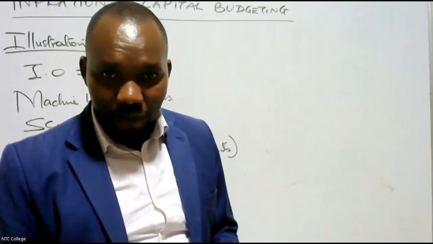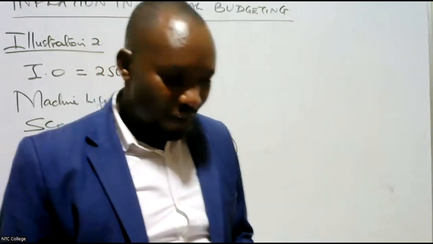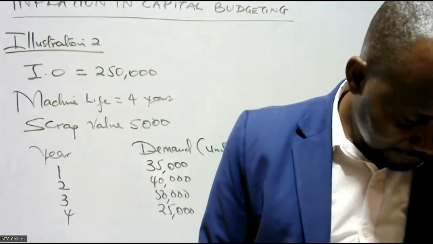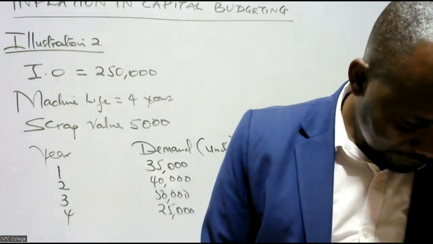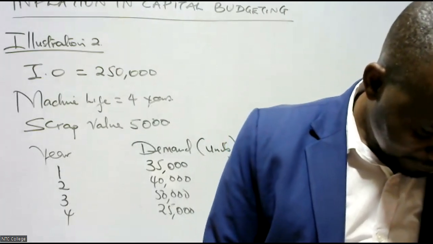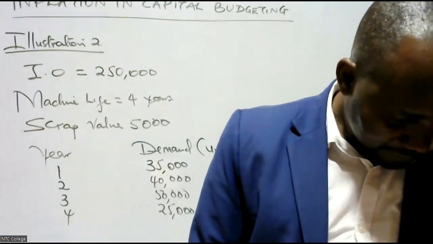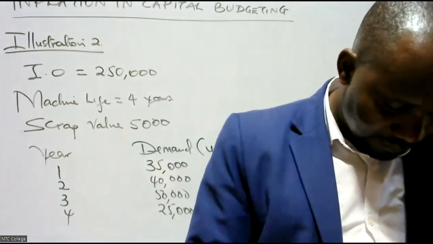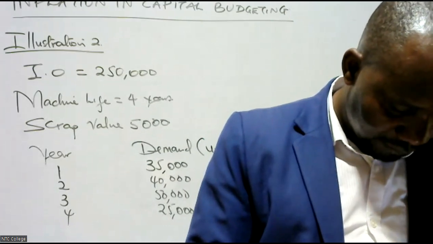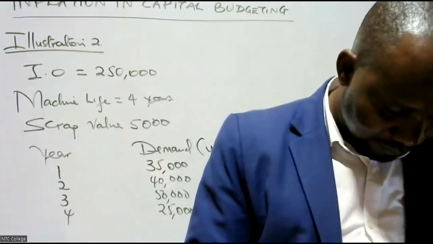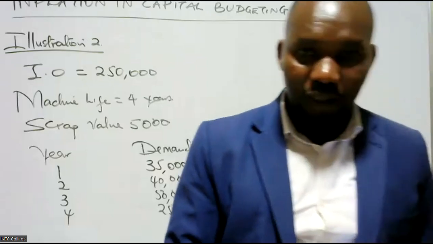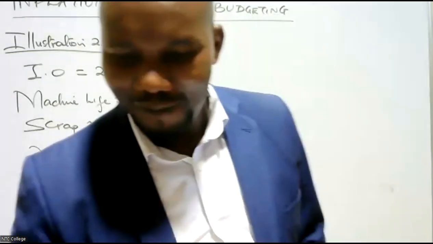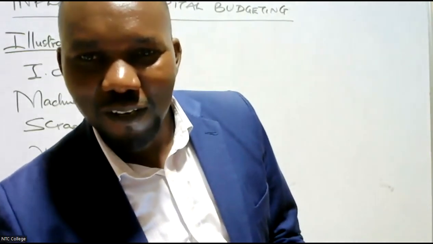First, calculate the selling price and variable costs, or first calculate those nominal cash flows. Winnie suggests depreciation on a reducing balance.